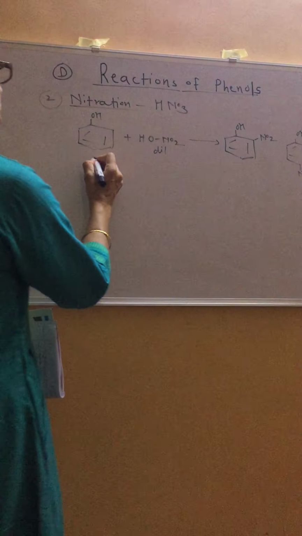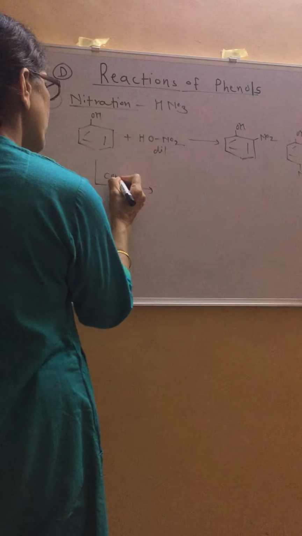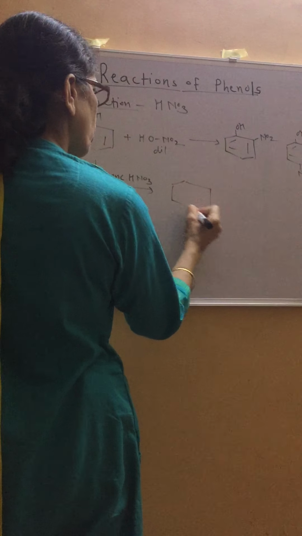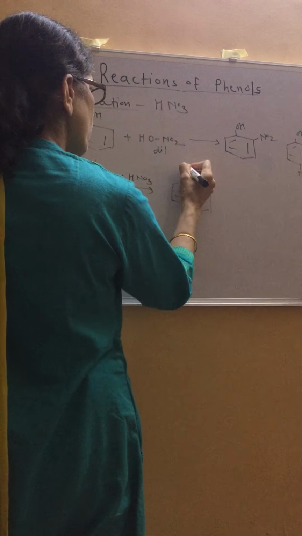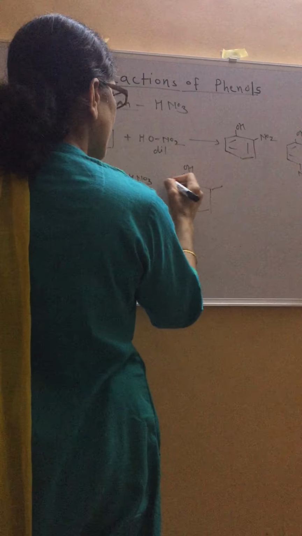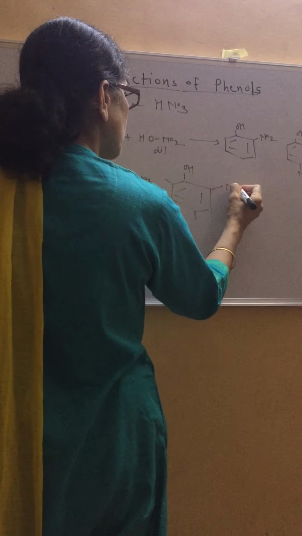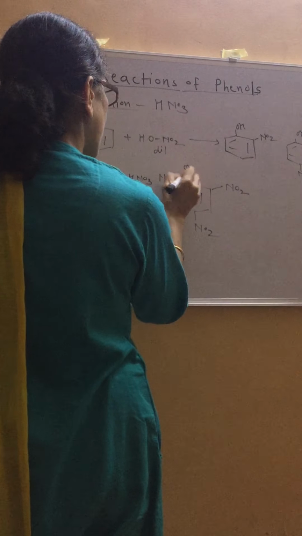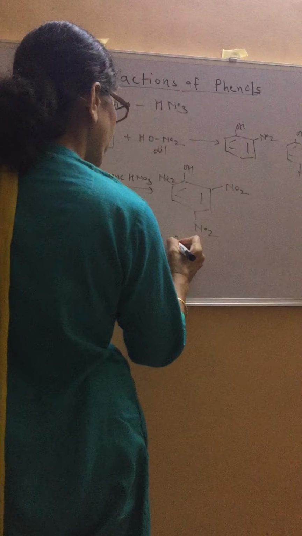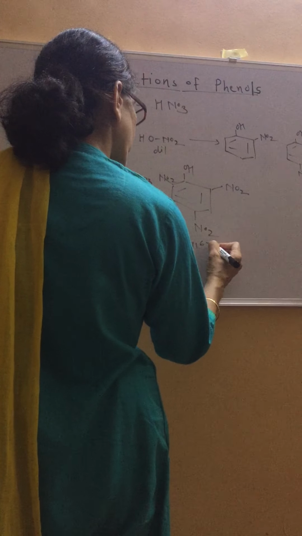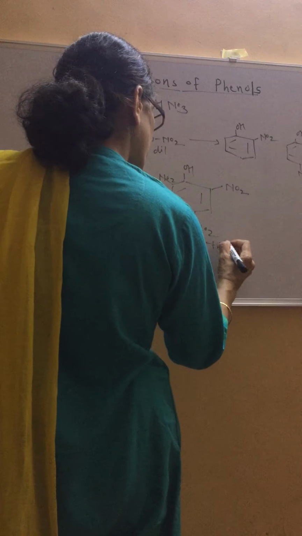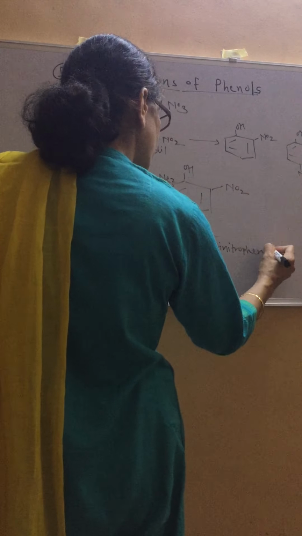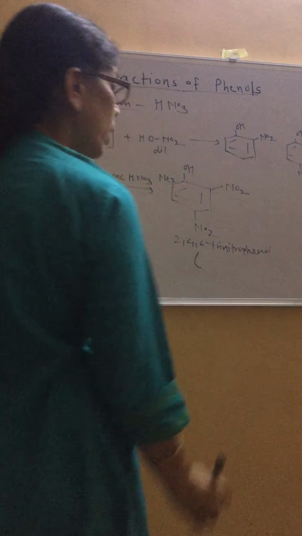When the same phenol is treated with concentrated HNO3, instead of getting this mixture, we will get 2,4,6 trinitrophenol, which is also known as picric acid.